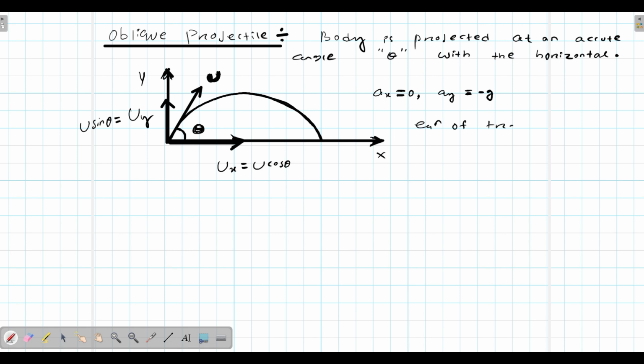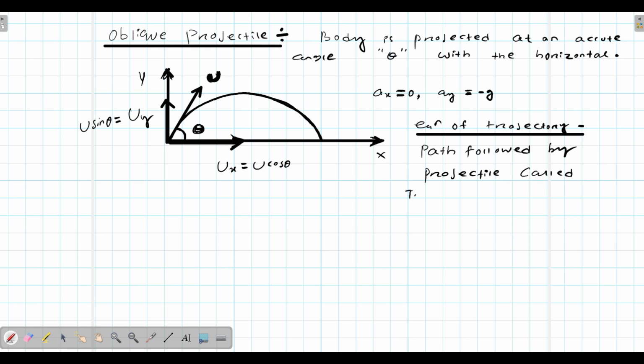The path followed by a projectile is called the trajectory. So we have to find the equation.